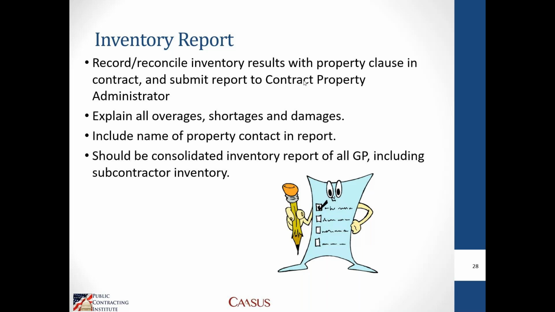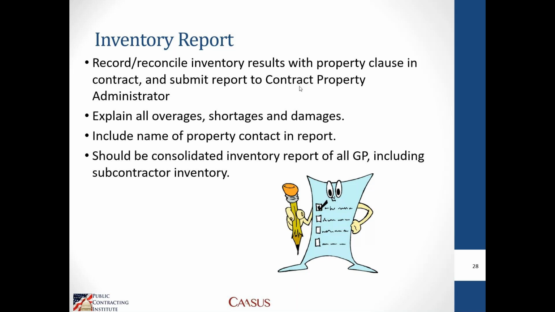You'll do your research. You'll include the name of the property, contract, and the contact in the report, particularly if you have an assigned property administrator to your company or your specific CAGE. And then all of the inventory report, including any subcontractor inventory, would have to be in one consolidated report that you deliver to the government.